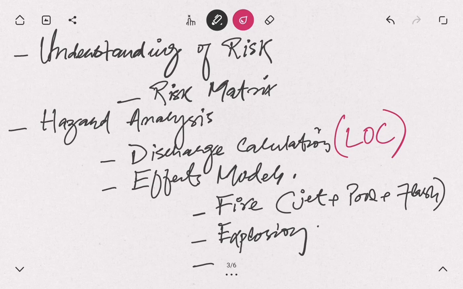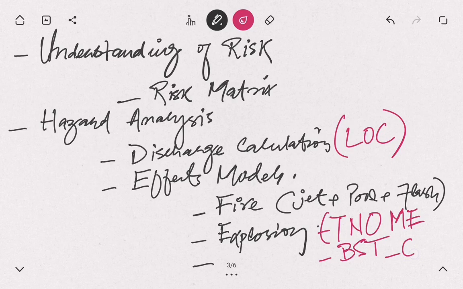Now, in the explosion calculations, we will understand what the TNO multi-energy method is, what the Baker-Strehlow methods are, and we will try to understand the applicability of the CAM method, which was actually developed by Shell.